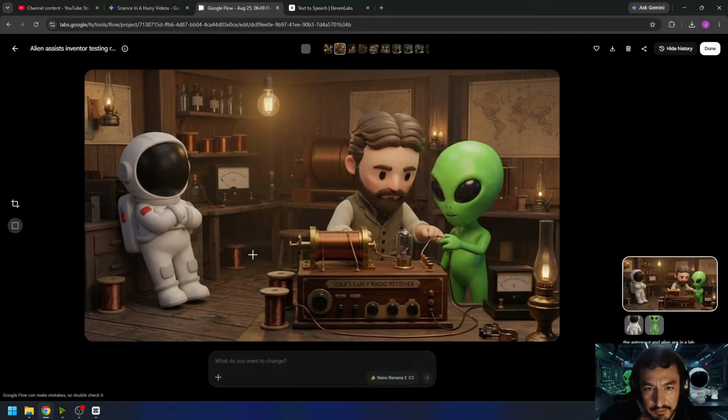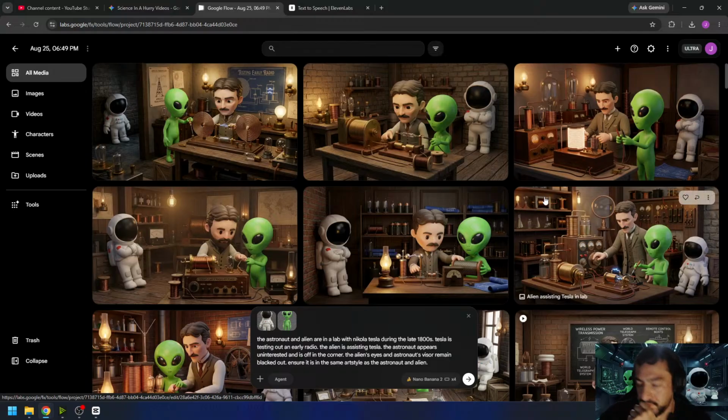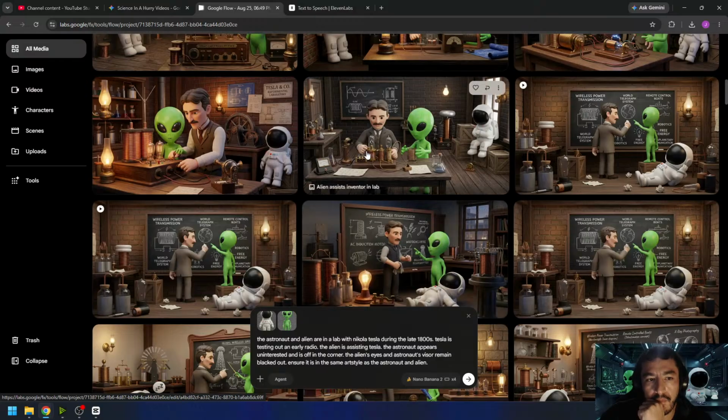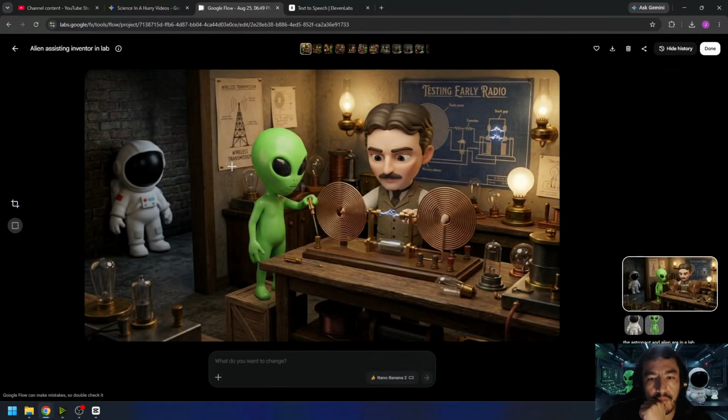I don't know why it gave Tesla a full beard here. Sometimes I don't understand why it'll do things like this, where I said I wanted testing early radio, and then they'll have a poster that says testing early radio.